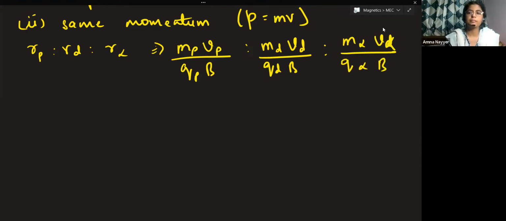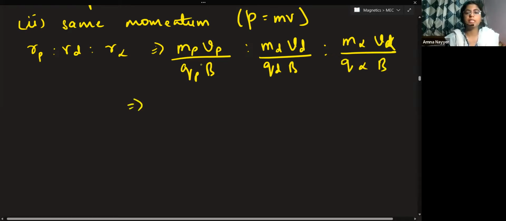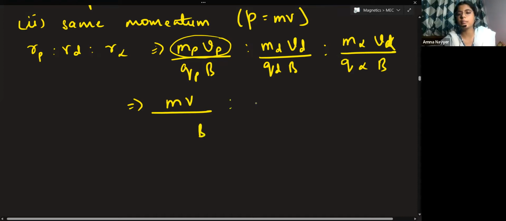Now we have to substitute the values. The product of mass and velocity is momentum, which is the same, so the first, second and third terms are the same, mv divided by the charge. The magnetic field will also be the same: mv by B, mv by B.